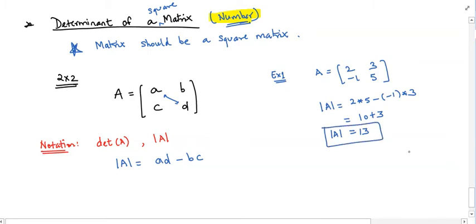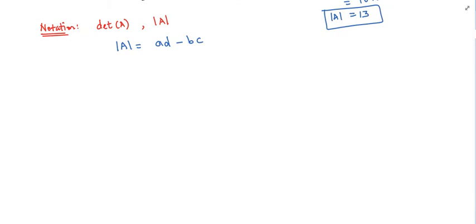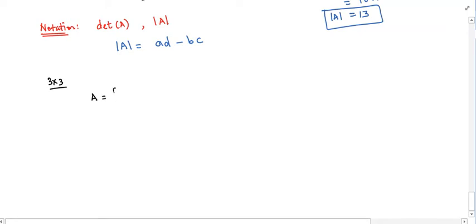Okay, simple. Now moving on to the 3 by 3 matrix. When the matrix becomes 3 by 3, the formula changes. So what is it? Let A be a 3 by 3 matrix. Let me consider a generalized matrix with the elements as follows.